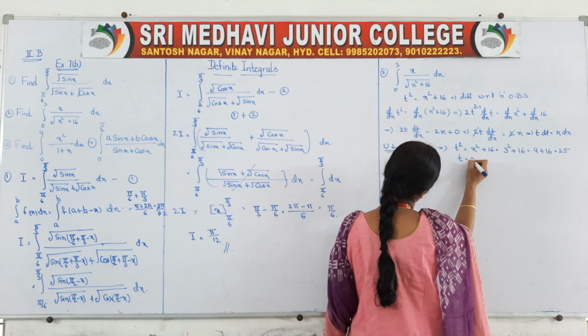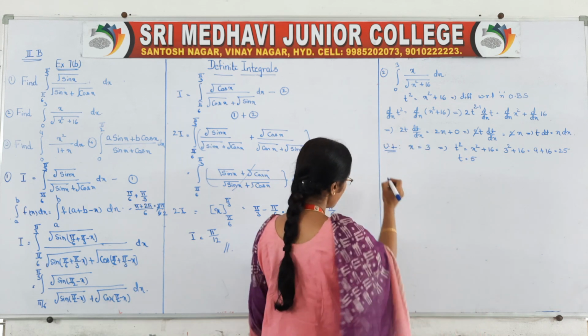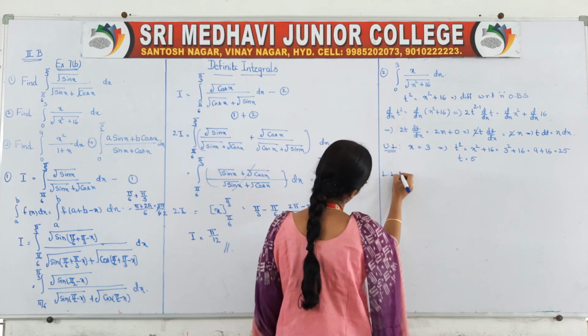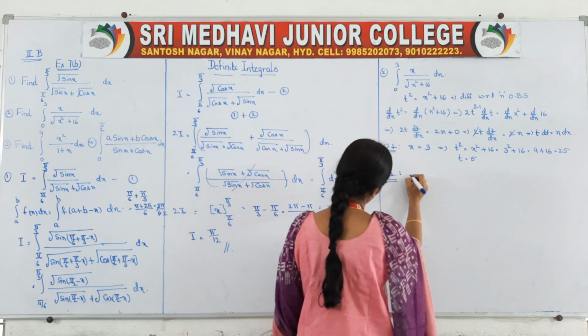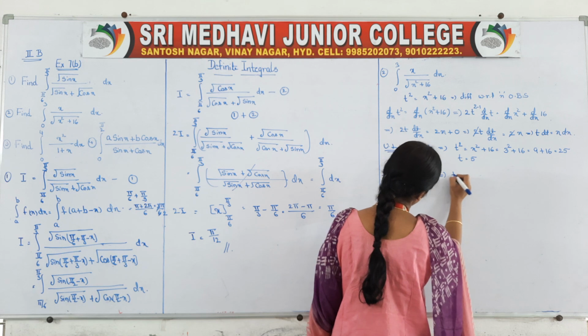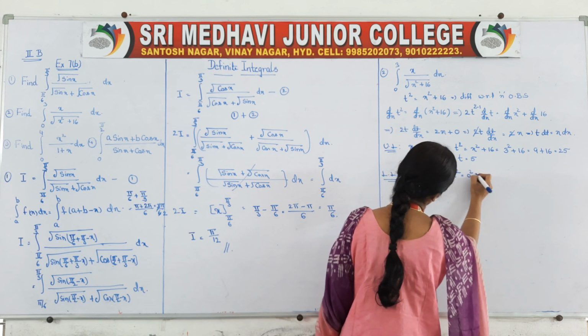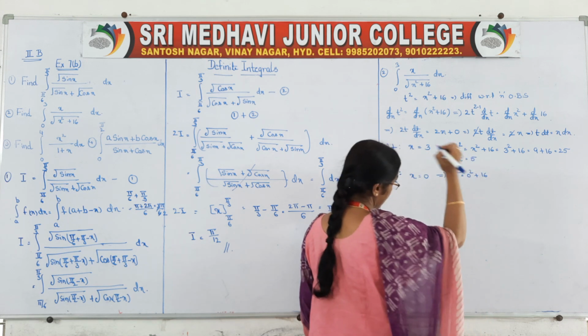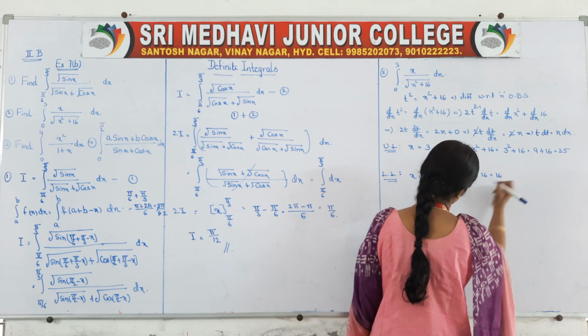So your t is equal to 5. Similarly, you take your lower limit. So what is your lower limit? x is equal to 0. Substitute in this equation. t square is equal to 0 square plus 16 is equal to 16.